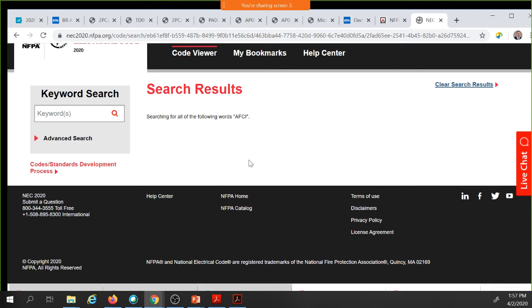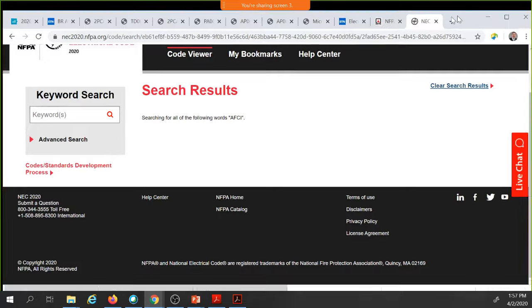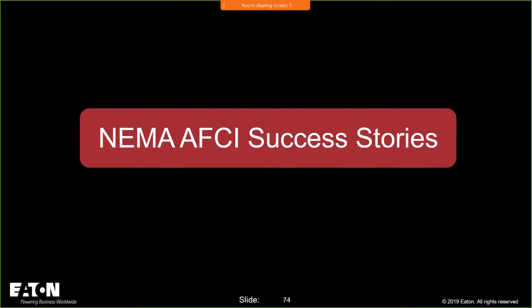And 406.4, I believe, is the section that we're going to want to look at. 4 is general installation requirements. And D is replacements. So 406.4D is replacements.